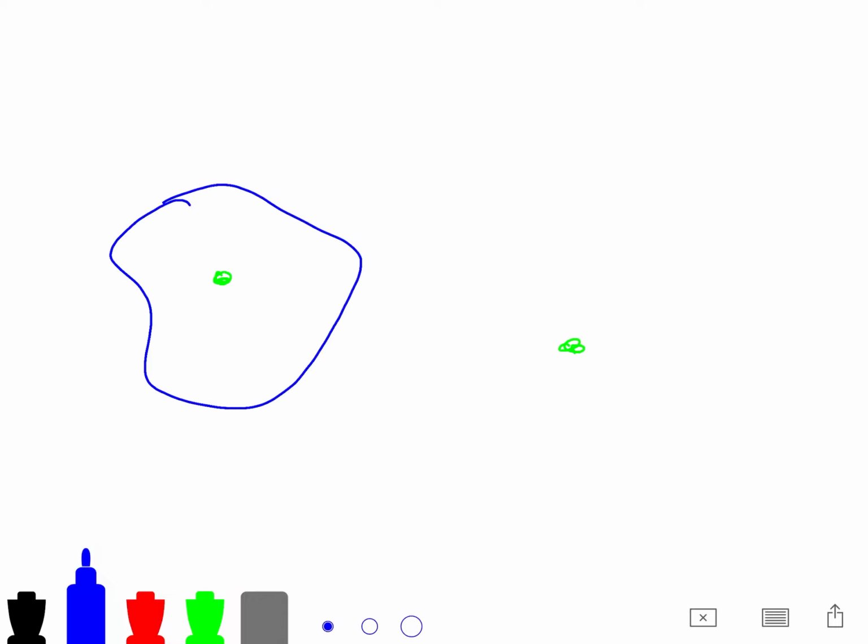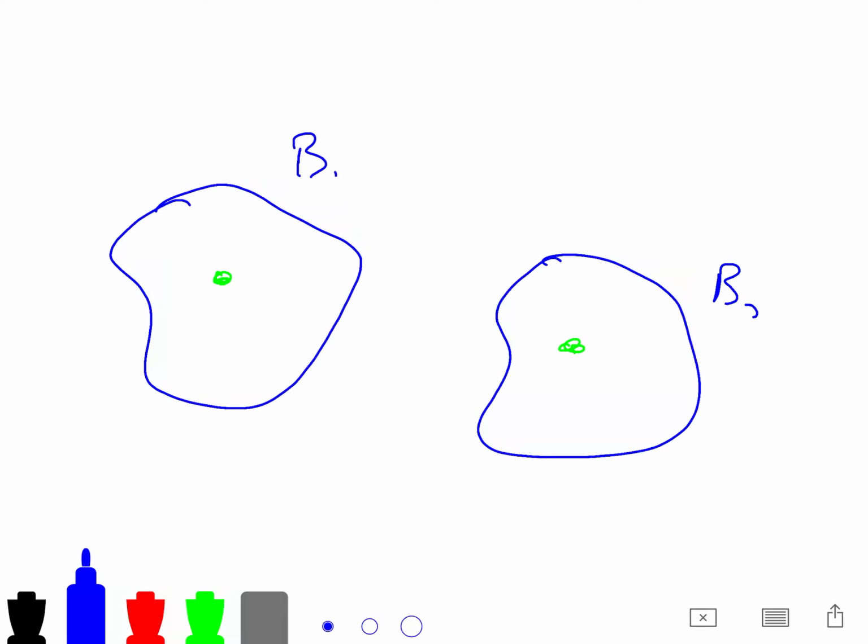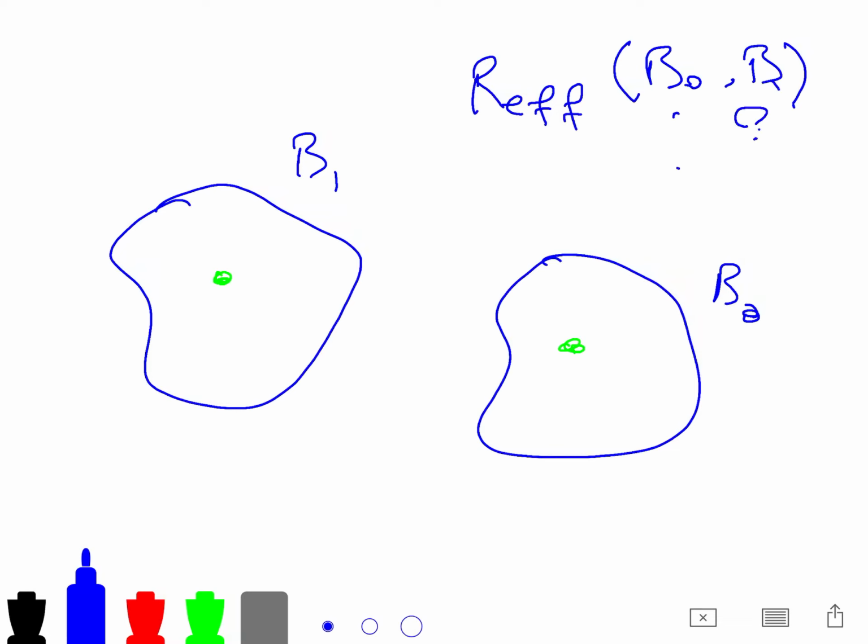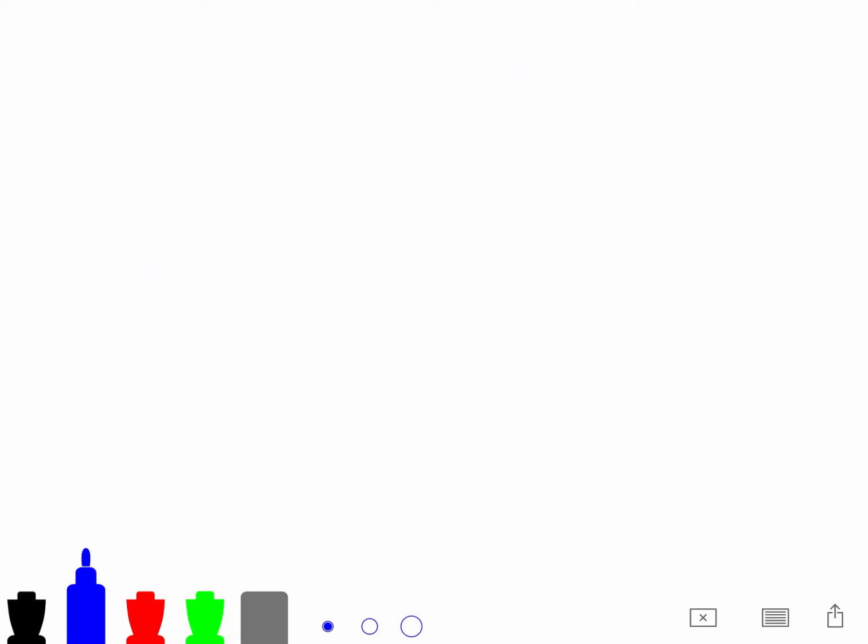But sometimes we have two sets, B0 and B1. In future lectures, I will talk about how you can generalize that, so that you can say the effective resistance between B0 and B1, or even, for example, one point in a set and different combinations. All of them are consistent with each other and there is no conflict.